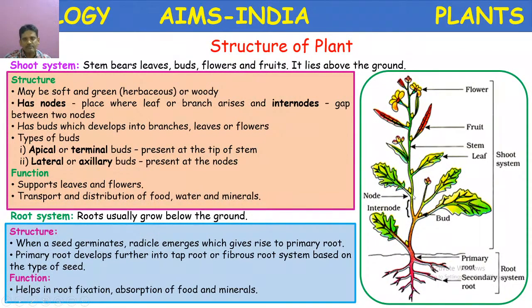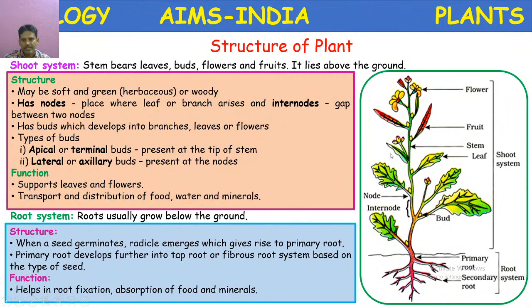So a node is a very important part of the plant. Next, in between two nodes, the gap that is present is called the internode. As the plant is growing, internodal elongation takes place and the plant grows in length.